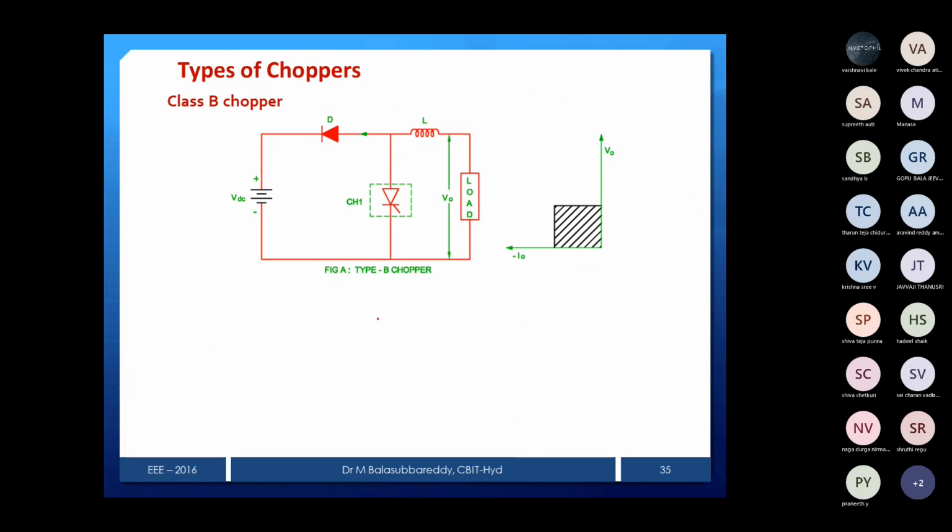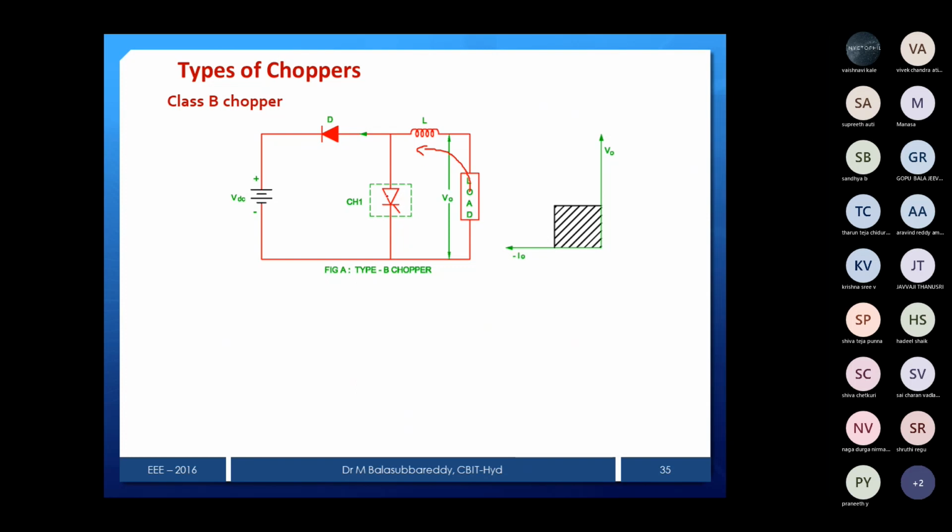What we have to do? Let us consider the load having some voltage source, or a battery, or load voltage. When the chopper is on, what will happen? The voltage source will drive the current through the chopper. Then the current is negative and voltage is 0.